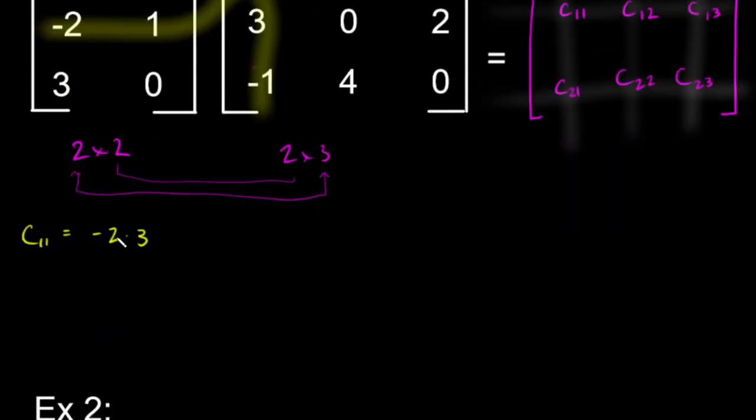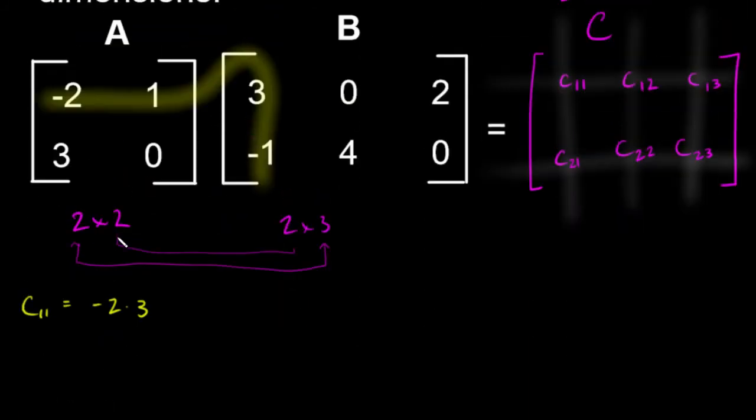So there's a product, and now you add it to the next 2 entries multiplied together. So 1 times -1. And that would be, once you simplify this, your first row, first column entry. So that is to say -6 minus 1, which is -7. So C11 is -7, excuse me. So that's how you get one of the entries.